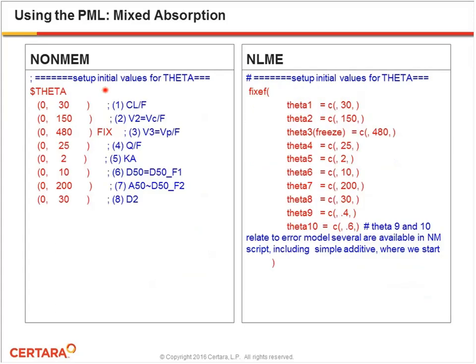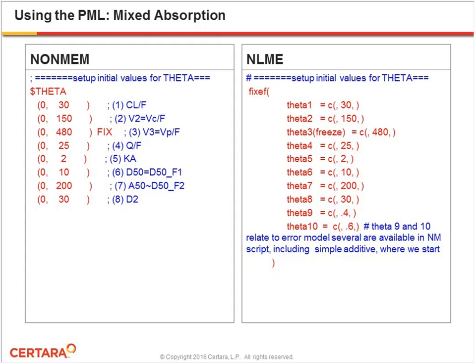And moving on, now we are coming to the fixed effects, the theta table, with the lower boundaries and the initial estimates. So these are all set up here in this matrix, and the corresponding description of what it is. And analogously, very similar in NLME, you have this fixed effect statement, where you just use this vector kind of expression with the initial estimates.